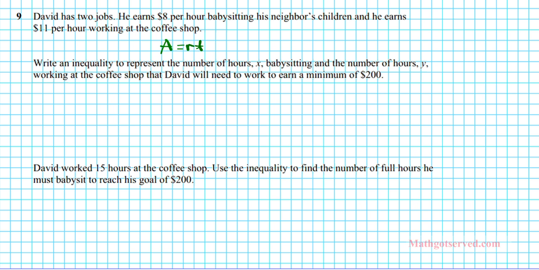Well, the ART formula simply means that the amount earned is the pay rate times the time worked. So that's how you calculate the amount earned.